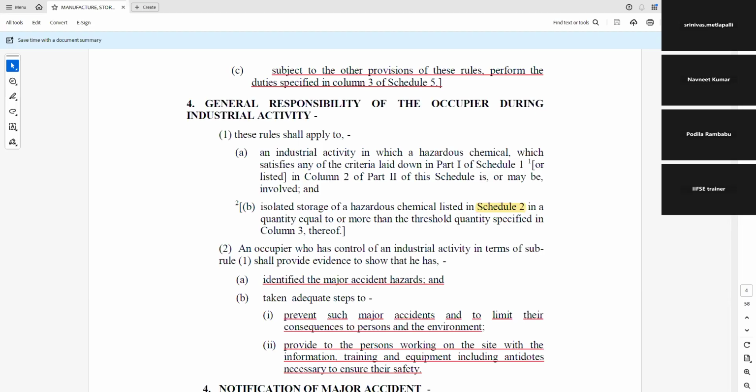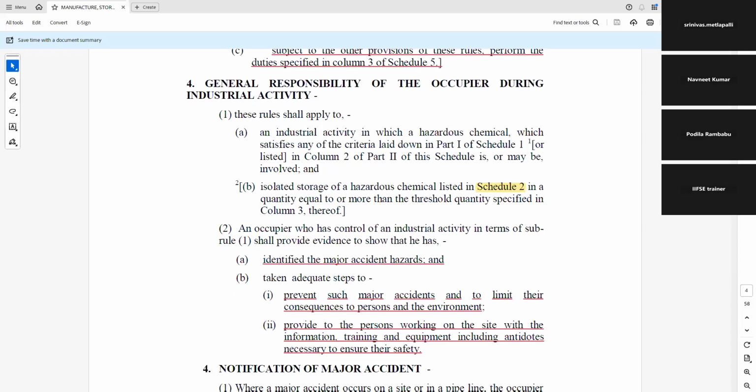Here, the rule shall apply to an industrial activity in which hazardous chemicals satisfy any of the criteria laid down in Part 1 of Schedule 1 and Columns 2 and 3 of Schedule 2, if the chemicals are listed in that. Then also, the second clause: the isolated storage of hazardous chemicals listed in Schedule 2 in a quantity equal to or more than the threshold quantity specified in Column 3 of Schedule 2. These are the two conditions. Then these specific rules apply.